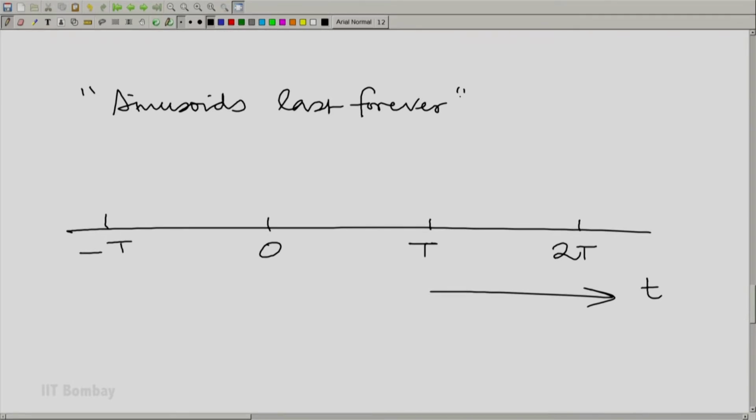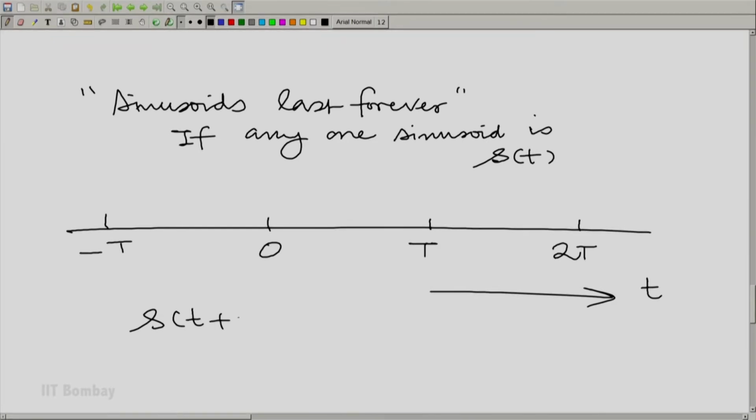But let us establish that formally. What kind of sinusoids would you choose? You would choose sinusoids that obey the same property as the signal, namely that if any one of the sinusoids is s(t), then s(t plus T) should be equal to s(t) for all t.